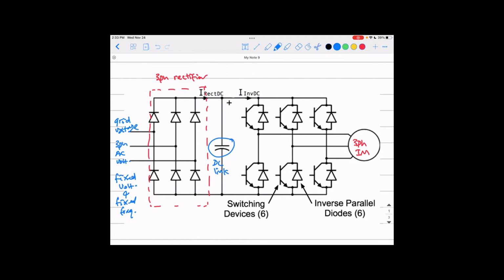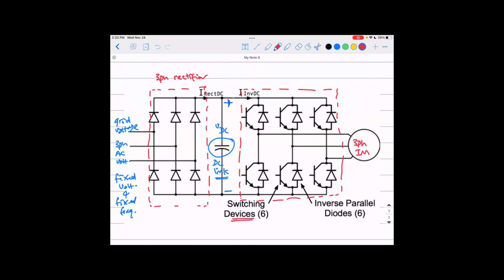So here you have a DC voltage, positive and negative DC voltage. We call this VDC. And this DC voltage is going to the other stage, the other power electronic switches here. Those 6 power electronic switching devices can be MOSFETs, IGBTs, or other kinds of switches.